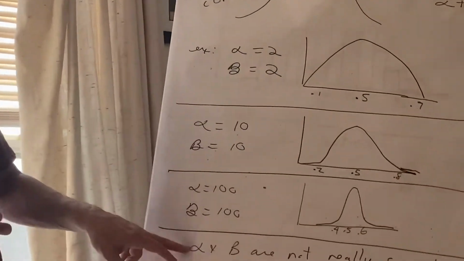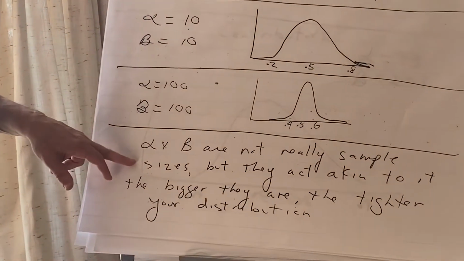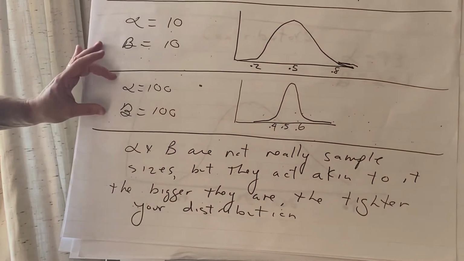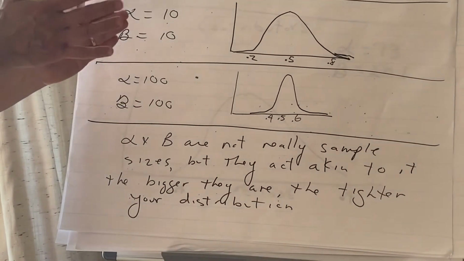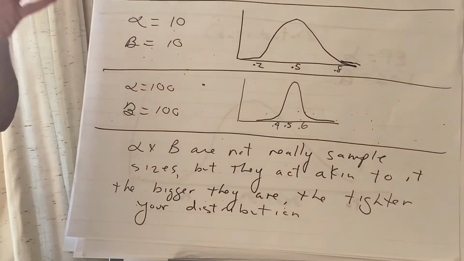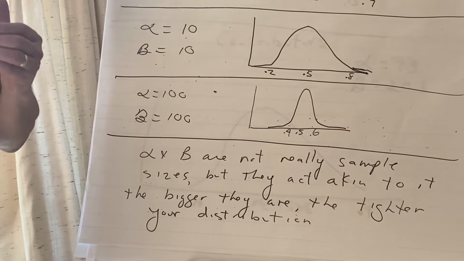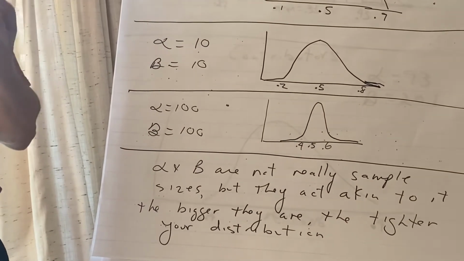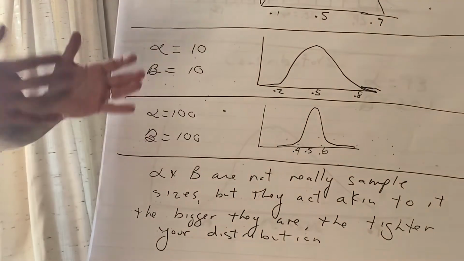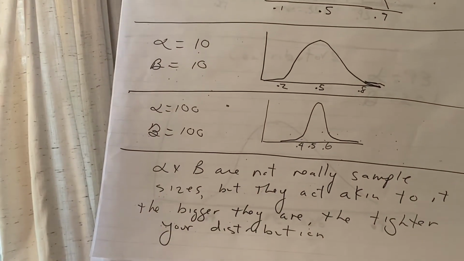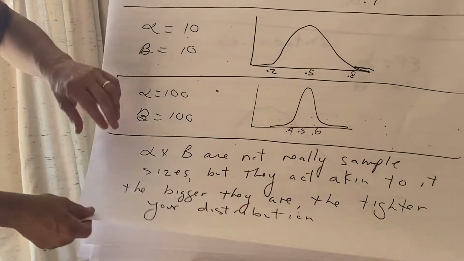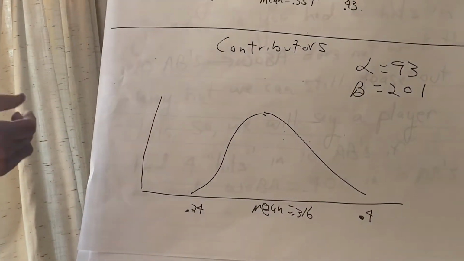Alpha and beta are not really sample sizes, but they're akin to it. The bigger alpha and beta are, the narrower this gets, and the effect of that is kind of a confidence in what a player's probability is. Again, it'll make more sense with numbers.